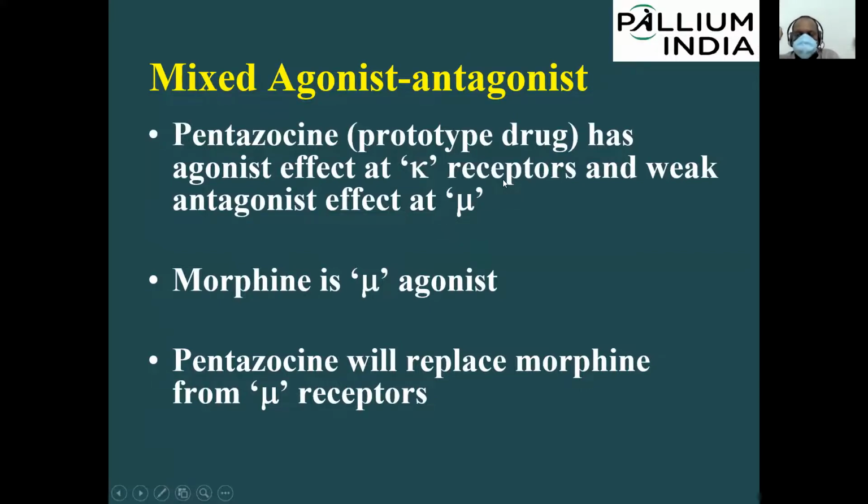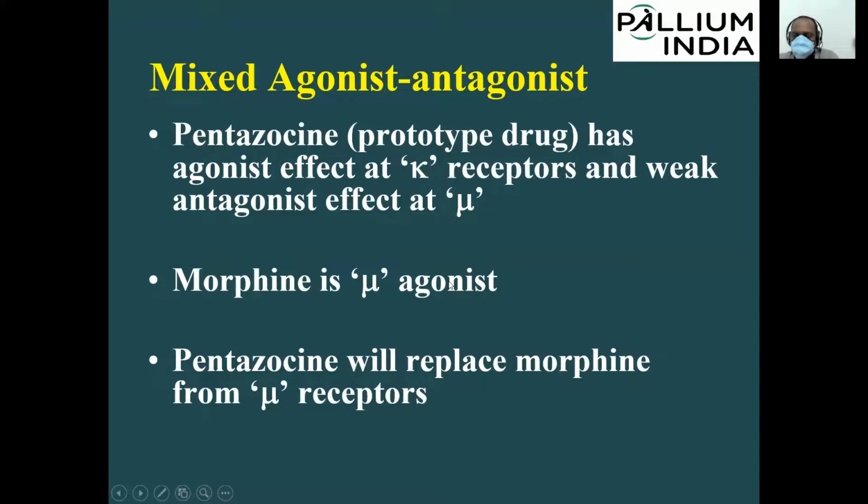You have to understand that the opioids which are acting on mu receptors are the potent opioids. So if you give pentazocine to a patient who is already taking morphine, what happens is the pentazocine will replace the morphine from the mu receptor. Pentazocine will attach to mu, which will now act as antagonist.